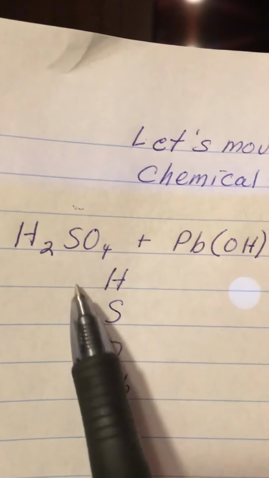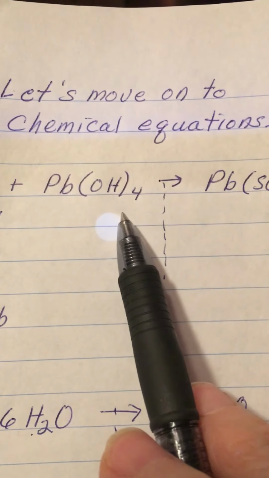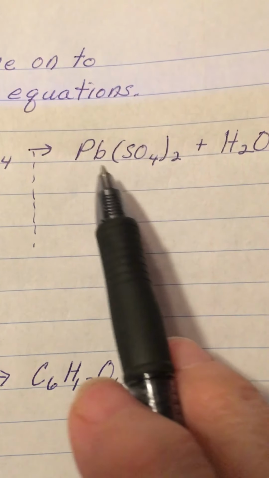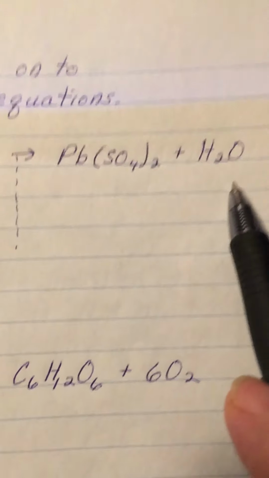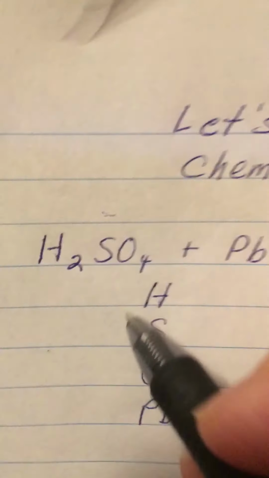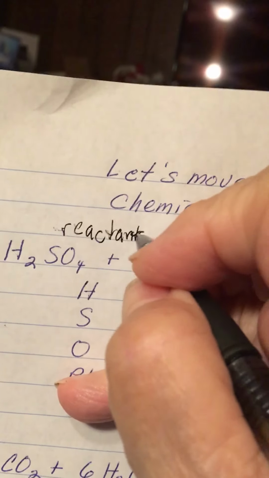Here's our first one. We have hydrogen sulfate plus lead hydroxide. When put together, produces lead sulfate and water. These are the reactants. These are the products.